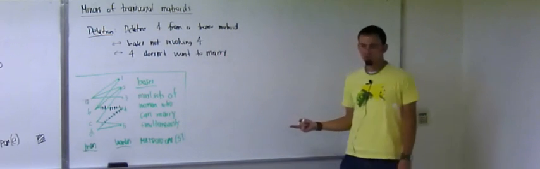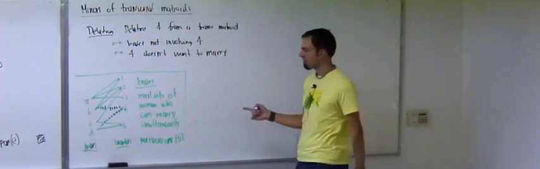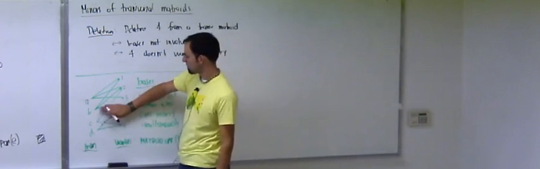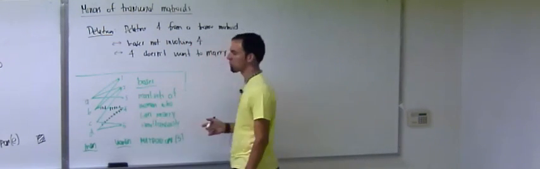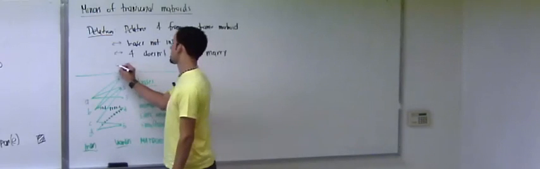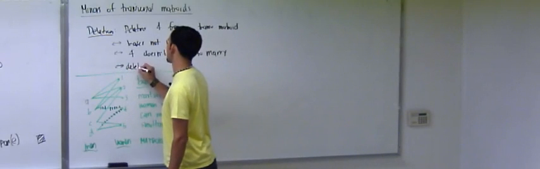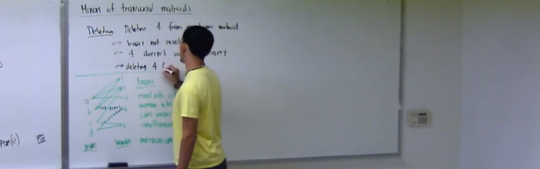And it's very easy to construct the graph model: I simply delete the edges that allowed 4 to marry. So this just corresponds to deleting 4 from the bipartite graph.